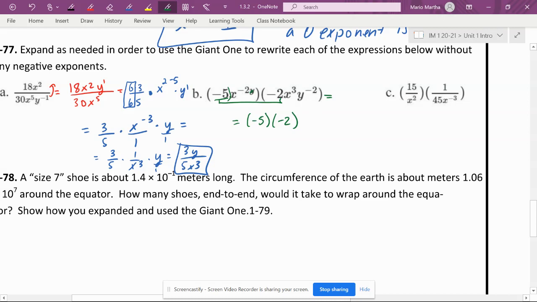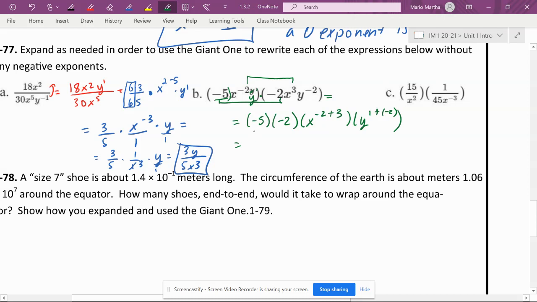I think there's a mistake here: this y should be at the bottom. So this should be times x to the negative 2. Since we're multiplying, we add the exponents from the x's, plus 3, and then times y to the first from over here, plus a negative 2.